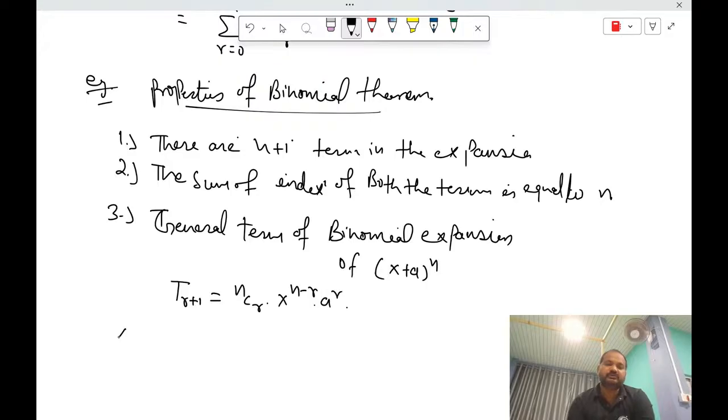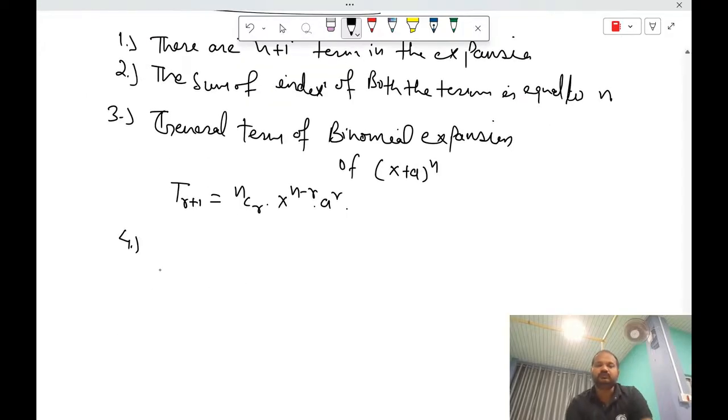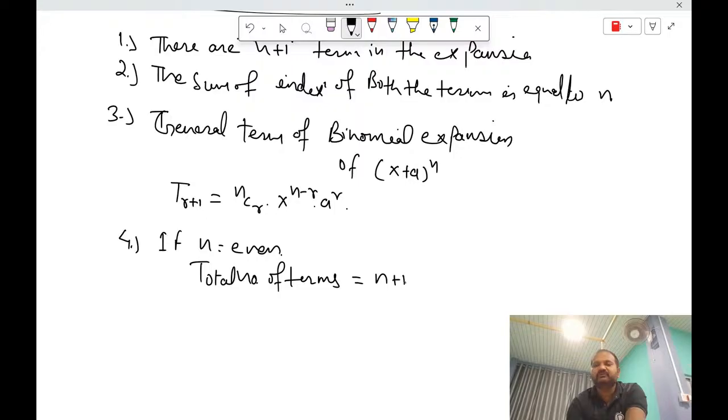The fourth one: if n is even, the total number of terms in the expansion will be n plus 1, so it will be an odd number. So what is the middle term?